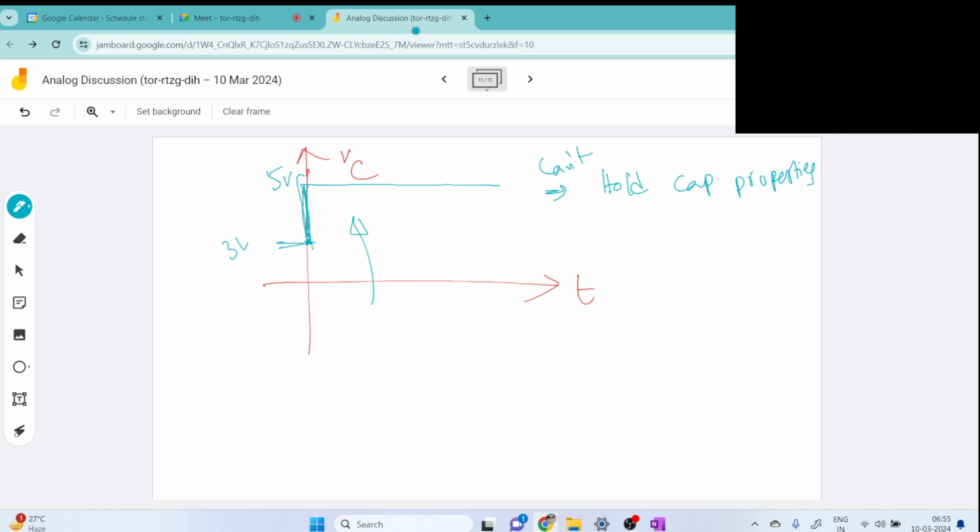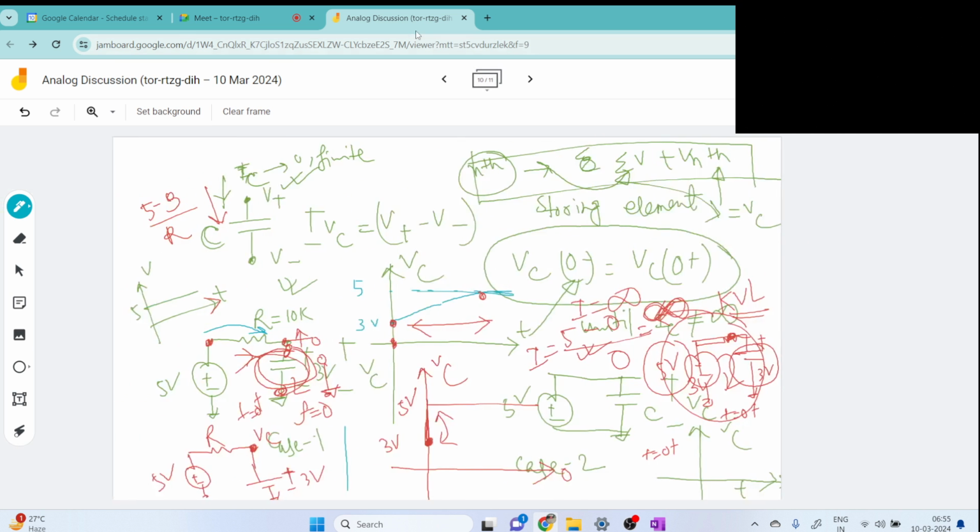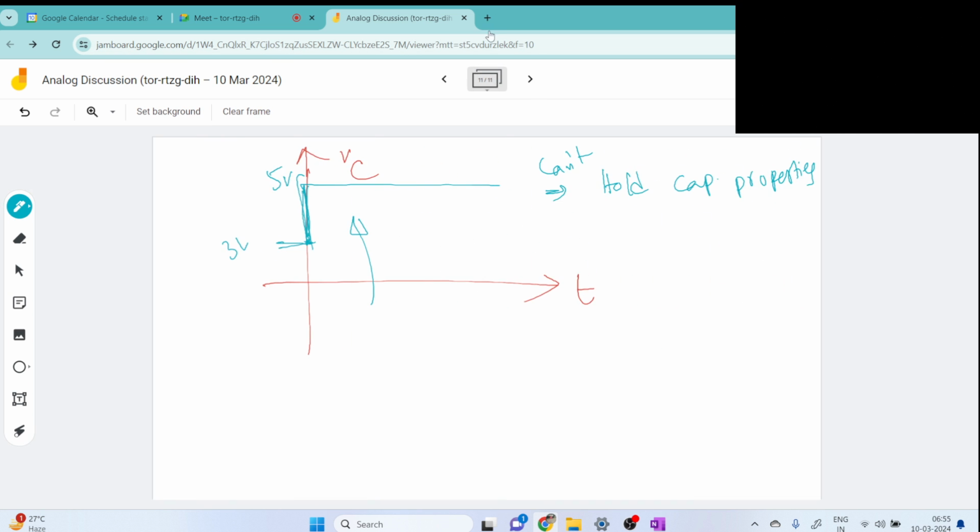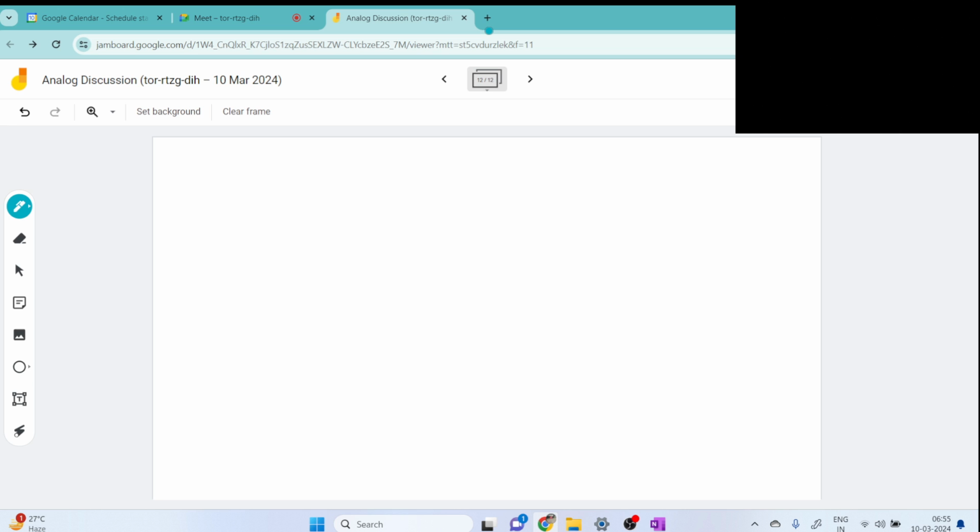Okay, let's go to the time constant segment for an RC circuit. There is another thing, some mathematics. Now we know the voltage across a capacitor: VC of 0, the initial VC, and VC of present.